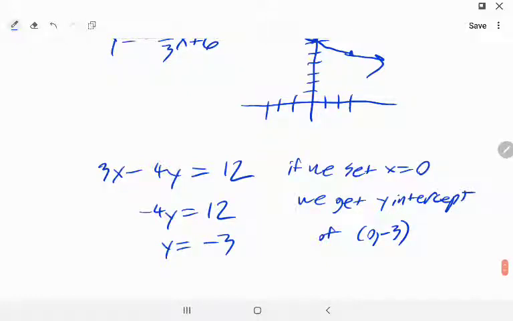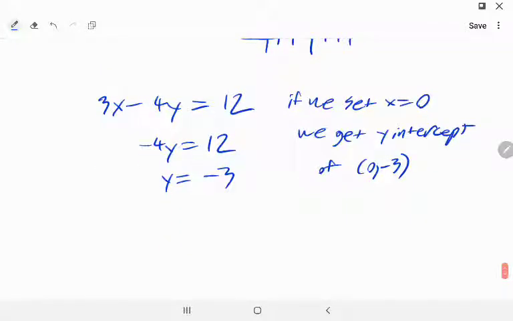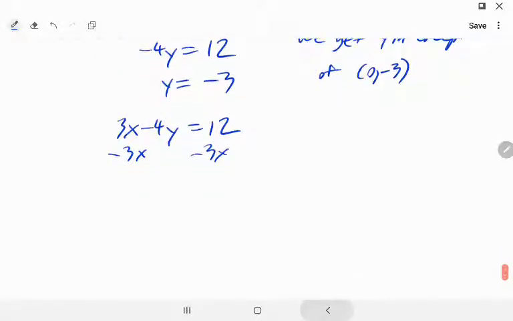Now, how do you suppose we get the slope? We notice that we can manipulate this equation pretty nicely if we look at that 3x minus 4y equals 12, we can subtract 3x from both sides. We see that negative 4y equals negative 3x plus 12.